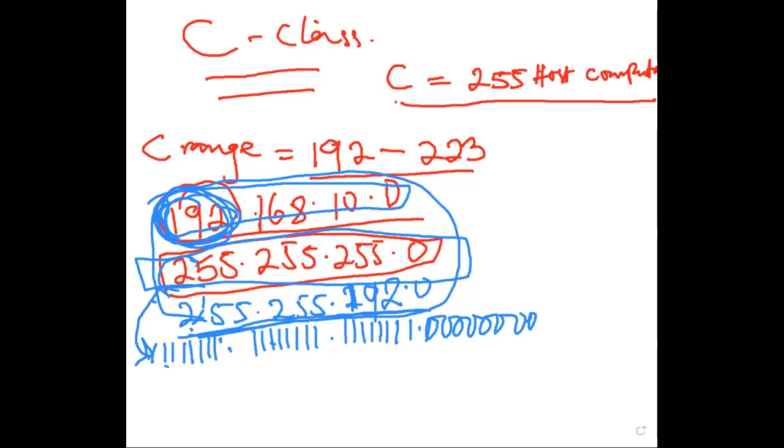Now, let's look lastly at the class D. As already mentioned, the class D IP addresses are not allocated to hosts. They are not assigned to hosts. They are reserved for special purposes, and so they are not used for subnetting or otherwise.